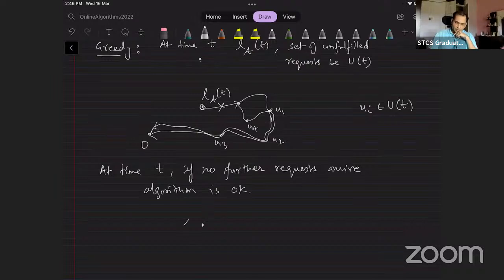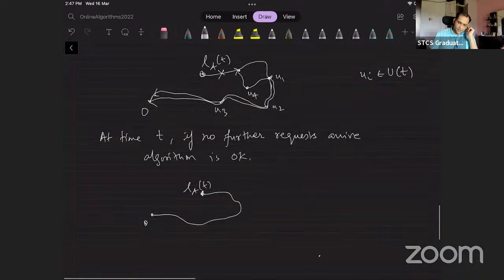So you are here, LAT, and your current path to origin is this, on which you have embarked. And now a new request arrives. Where do you think will be a problem? See, think about it. Let's suppose this is where the newest request is.